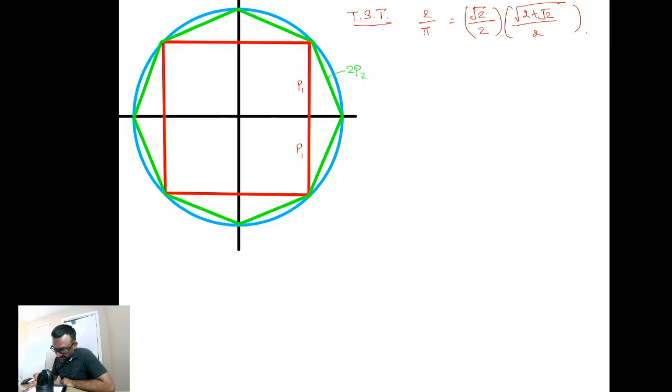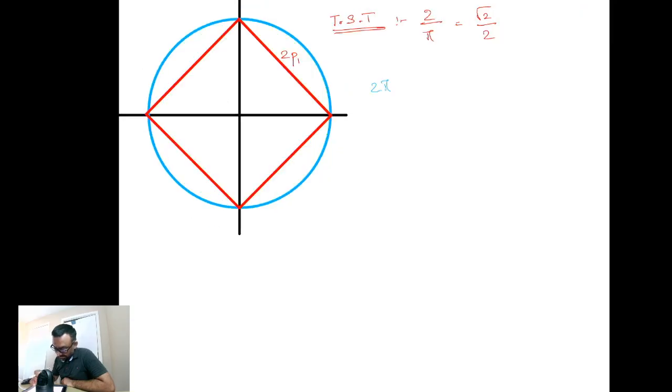Okay, so let's go back. What is going to be the perimeter? It's very clearly 4 times 2p1, which is equal to 8 times p1. What is 2 times p1 here? The radius is 1, which means this 2p1 is root 2, which means p1 is 1 over root 2, right?